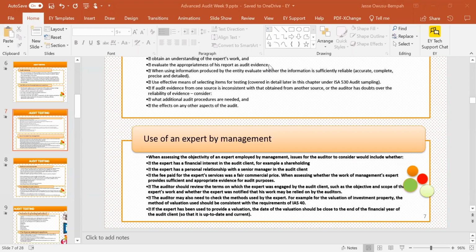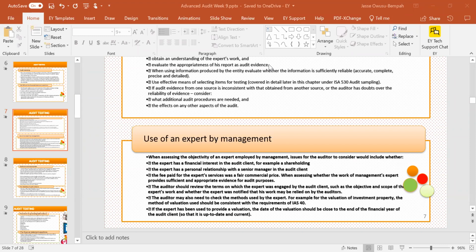An expert lends credibility to a document, a video, whatever it is. It's possible for them to be bought. So we want to be sure whether these people were bought or were actually paid a fair commercial price.